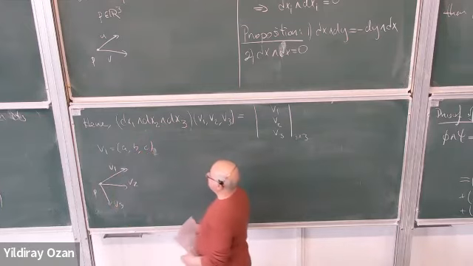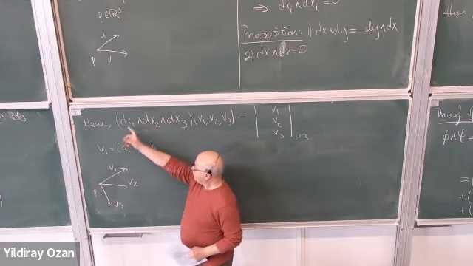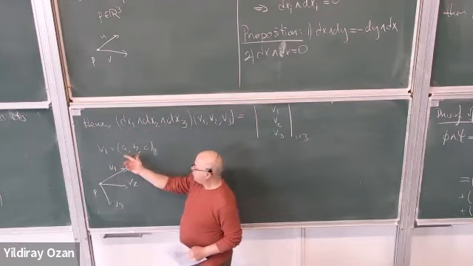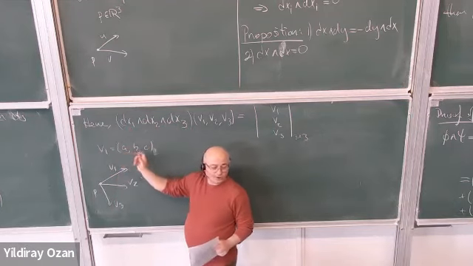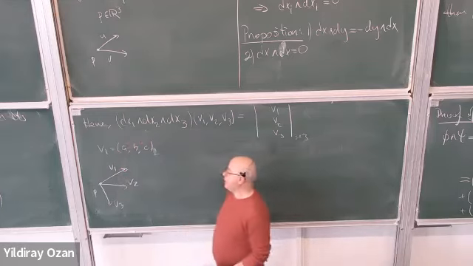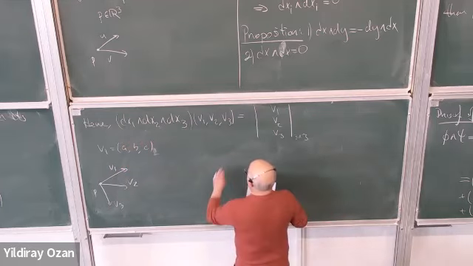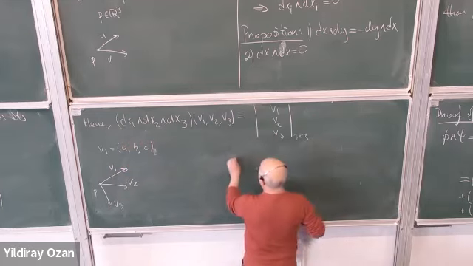Okay, and these one forms, when you feed those one forms to these vectors, you will get either first coordinate or second coordinate or third coordinate, right? Depending on the index of the xi. And this gadget is what?